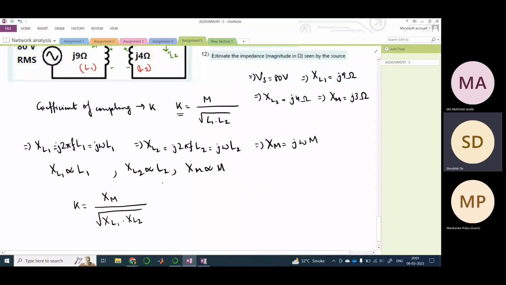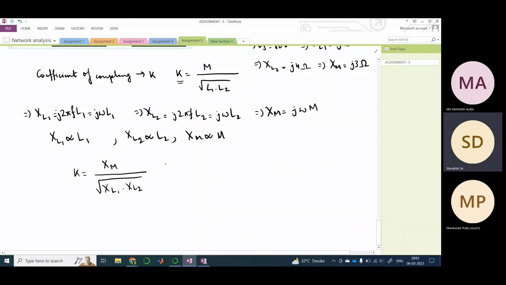Since these are directly proportional, we can prove it directly.